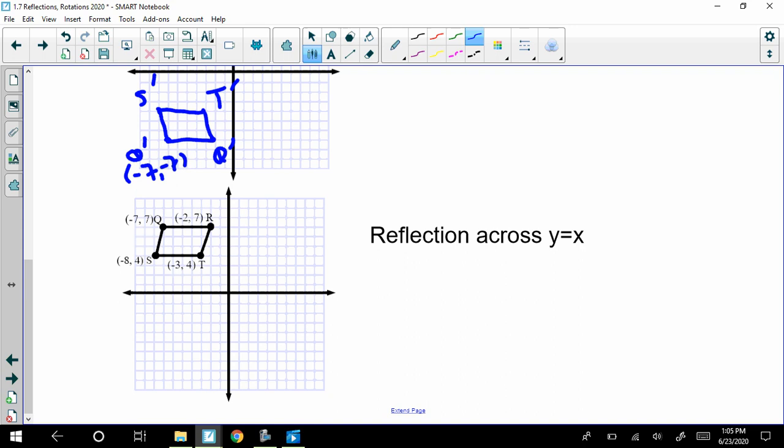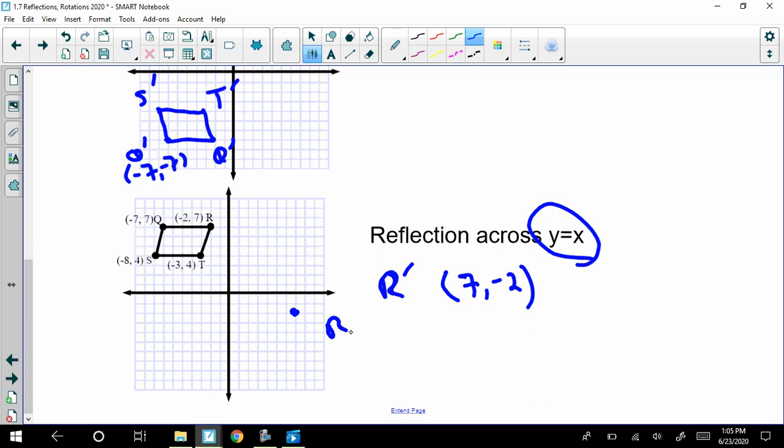Now, if you reflect across y equals x, a little trickier. What happens is the coordinates flip. So R prime is now at 7, negative 2. So 7, negative 2, we're going to go on our x-axis over to 7, down 2.